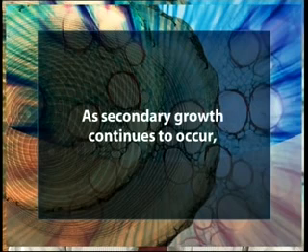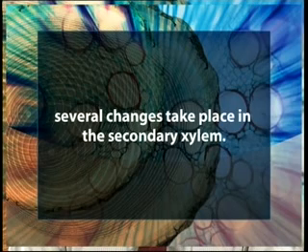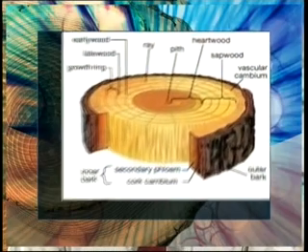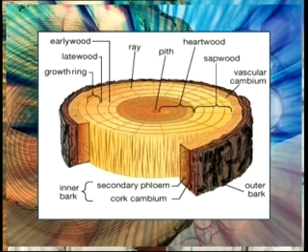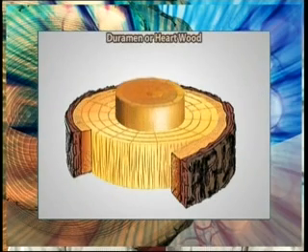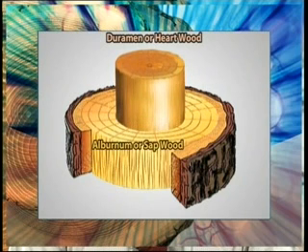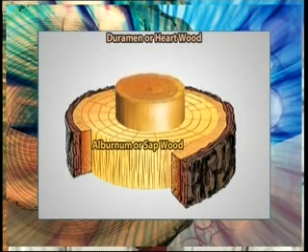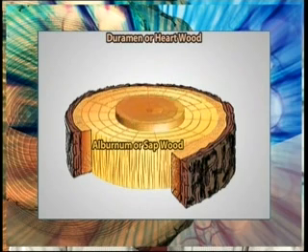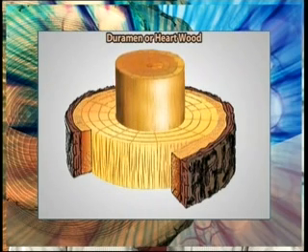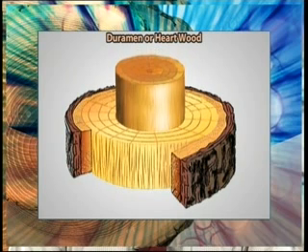As secondary growth continues to occur, several changes take place in the secondary xylem. In a much older stem, the secondary xylem or wood shows 2 regions, namely duramen and alburnum. Duramen, also known as heartwood, represents the centrally located inactive portion of the secondary xylem.